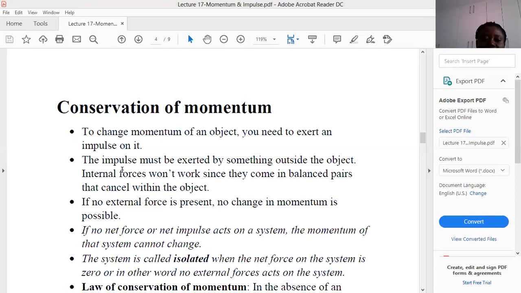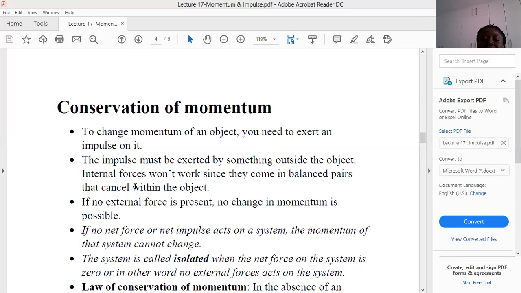Okay, so we say that in order for an object to change momentum, it needs impulse, because the impulse is the one that is responsible for the change in momentum. So the impulse must be exerted by something outside the object.